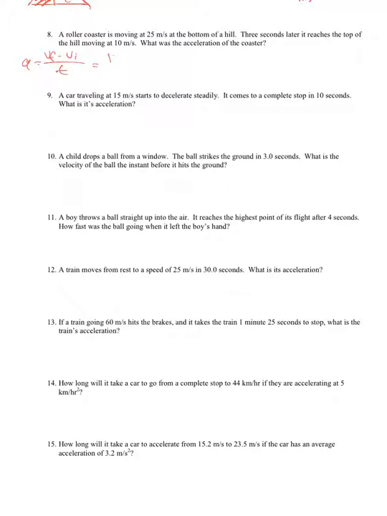V final was 10 meters per second, and v initial was 25 meters per second, and it took 3 seconds. 10 take 25 is going to be negative 15 meters per second divided by 3 seconds. It's going to be negative 5 meters per second per second.